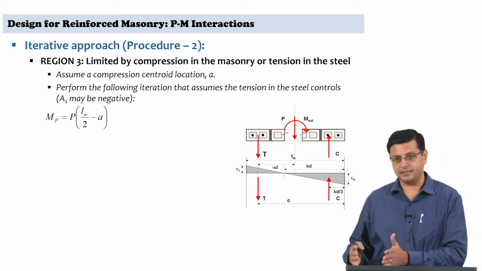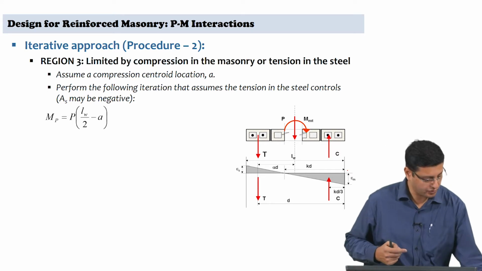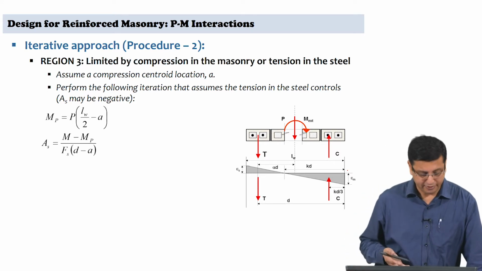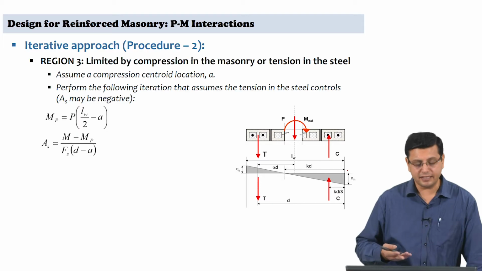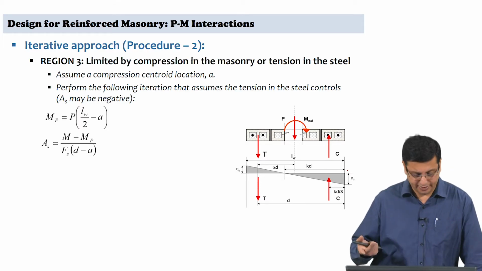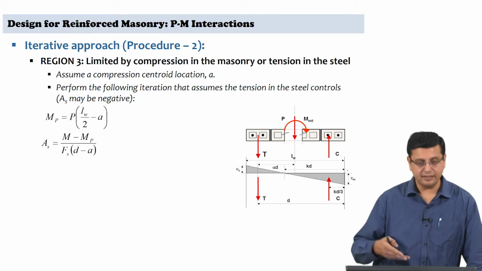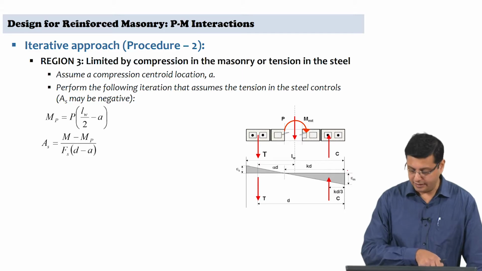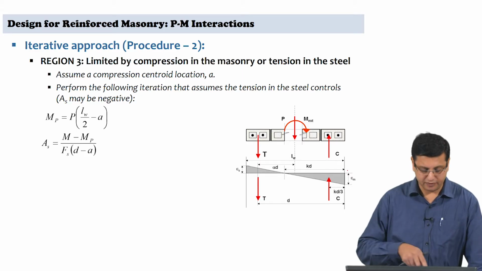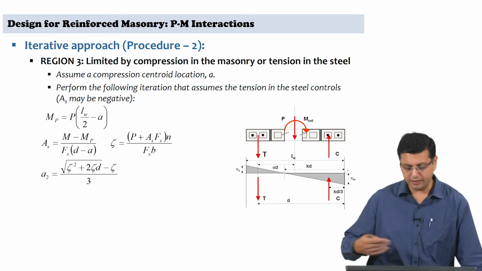This is the assumption you have to make because you do not know where the neutral axis is actually lying. To make a first estimate of the area of steel, you take the external moment M minus this estimate of MP, divided by Fs into (d minus A). D is the effective depth, A is the value that you assume. Now, you get an estimate of the area of steel and then proceed.